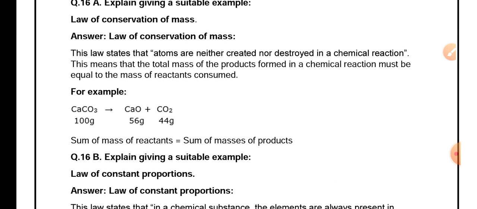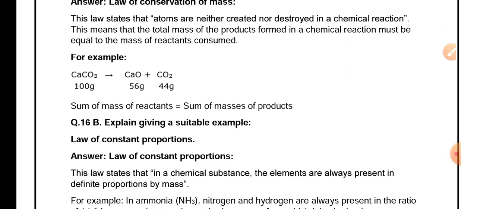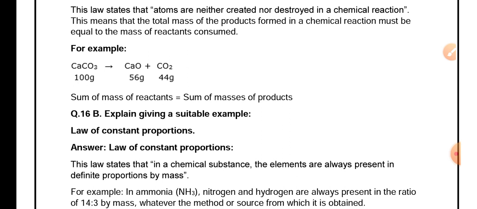Explain with a suitable example the law of constant proportion. This law states that in a chemical substance, the elements are always present in definite proportions by mass. For example, in ammonia, nitrogen and hydrogen are always present in the ratio of 14:3 by mass.